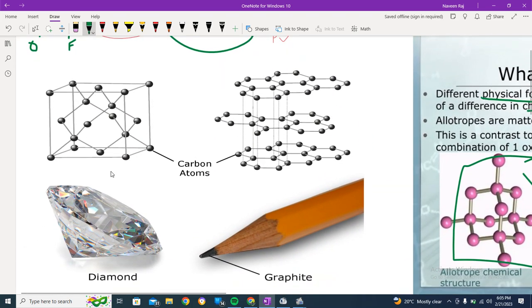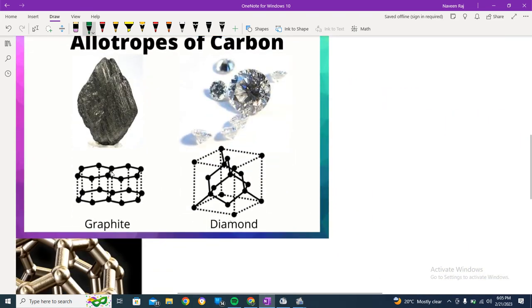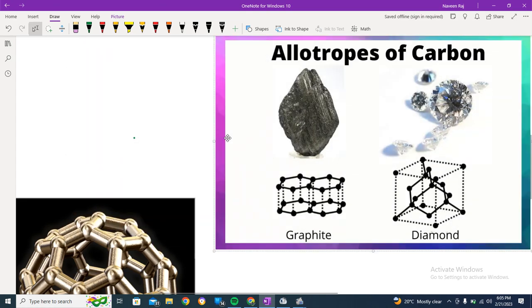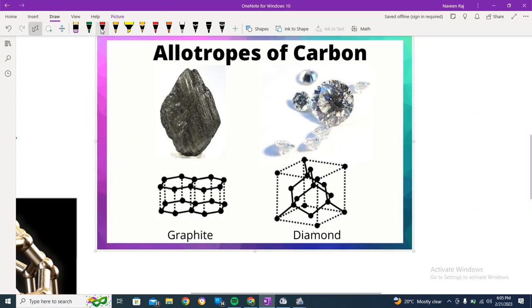Now let's see this picture. Here you can see the allotropes of carbon. We cannot speak of allotropes of CO2, because allotropes are meant for elements.